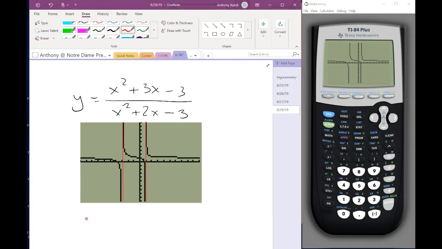You observe the same thing? If I look, this one looks like it's at x equals 1, and that one's at x equals -3. You guys agree with that? Good. I do also. Do we see any horizontal asymptotes?